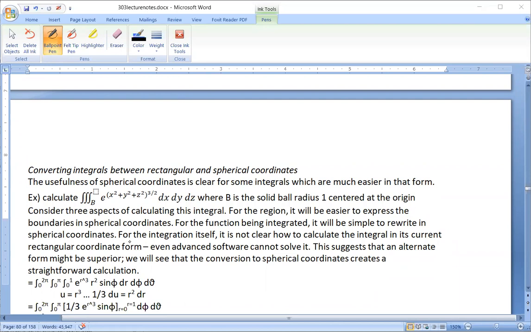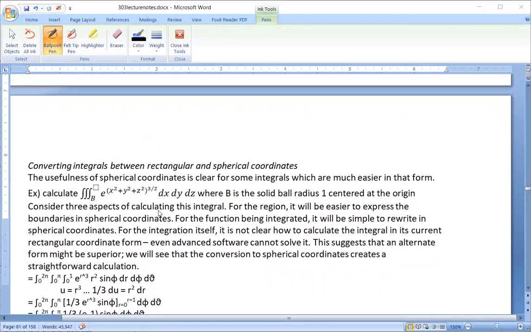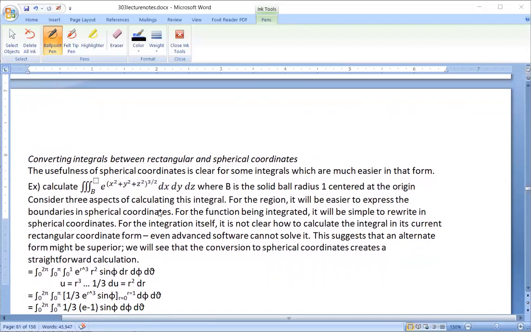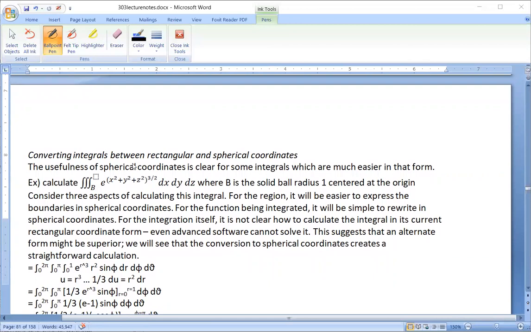Then put it back, and you get 1/3 e to the r cubed, with the sine phi coming along for the ride. We evaluate as r goes from 0 to 1. Plugging in, you get 1/3 (e minus 1) sine phi.